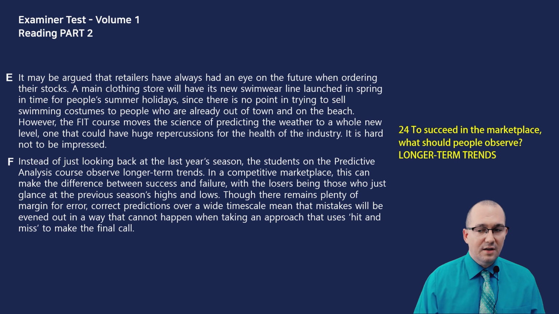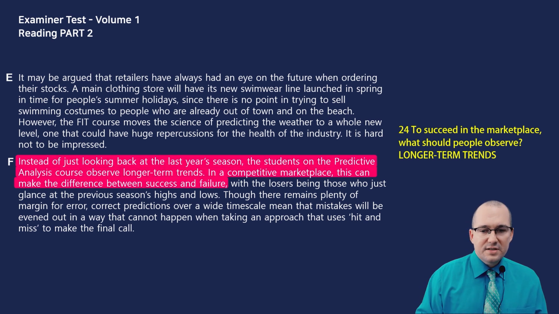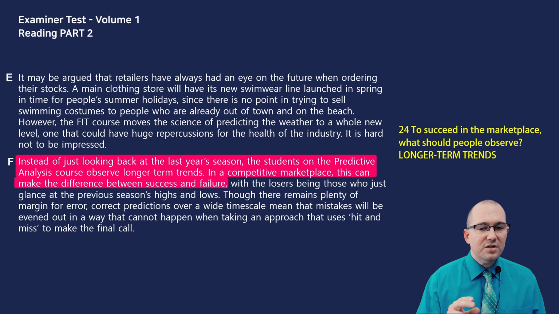For 24, we can see that to succeed in the marketplace, what should people observe? Well, the answer is longer term trends, which we can find here. Instead of just looking back at last year's season, the students on the predictive analysis course observe longer term trends. In a competitive marketplace, this can make the difference between success and failure.